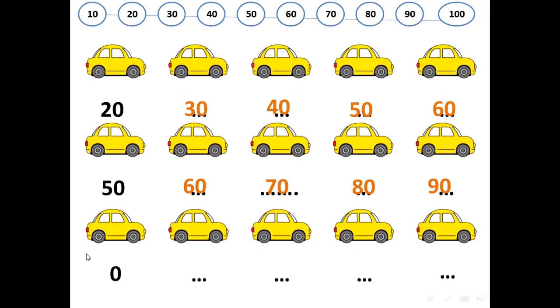When I'm counting in tens, what comes after 0? 10. Good job. What comes after 10? I'm counting by tens. Don't forget, I add 10 to this number. 20. Thank you, sweetie.